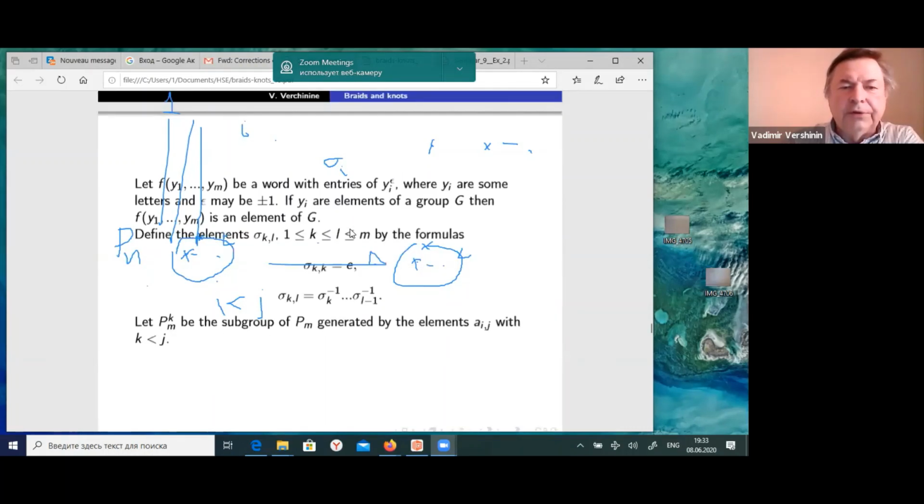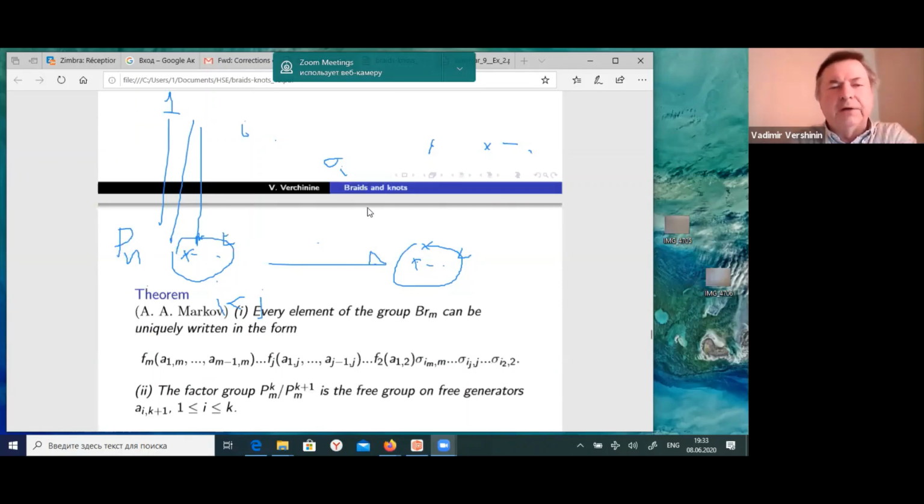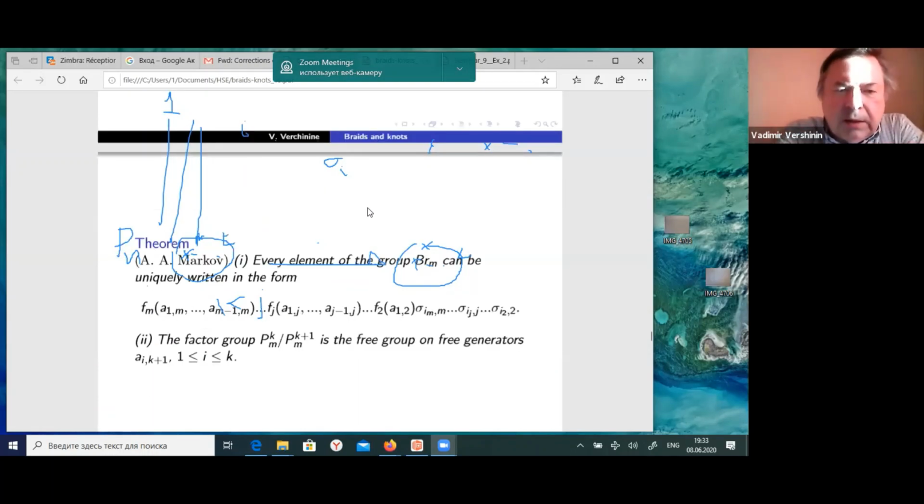And now I just want to mention the Markov theorem on the following stuff, that actually every element of the braid group can be uniquely written in this normal form.